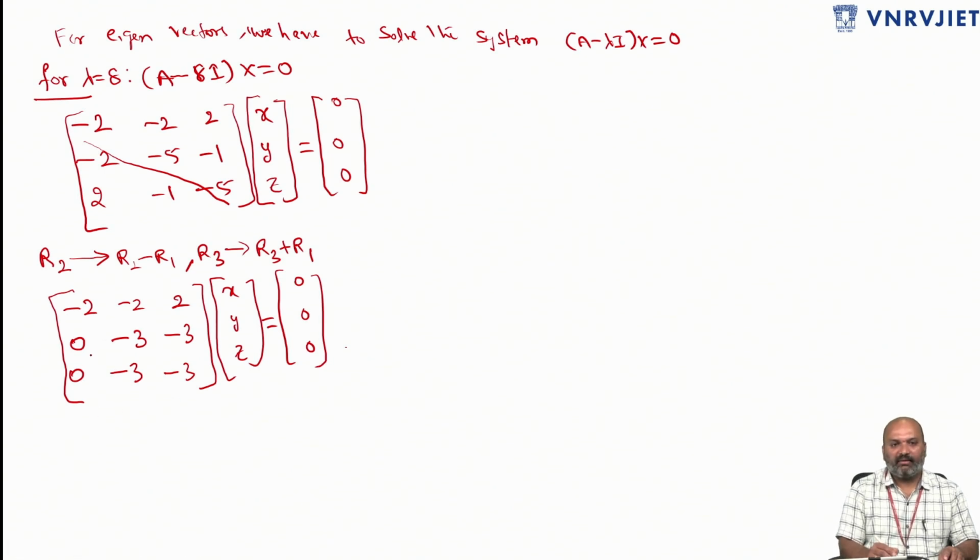Next, we have to make this element 0 using the corresponding principal diagonal element in the column, that is the 2 2 position element. Both are the same elements now. So changing R3 as R3 minus R2. What is the resulting matrix?